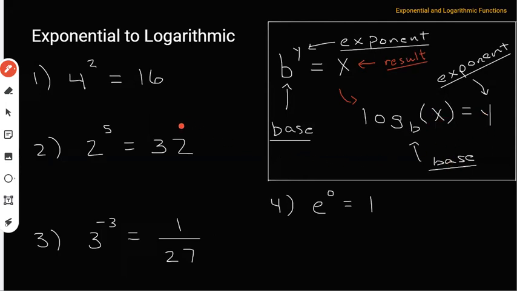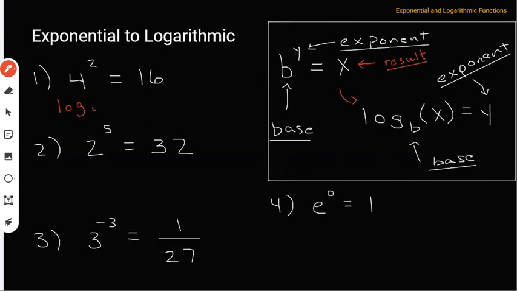So starting off with number 1, I notice that number 1 gives me 4 squared is equal to 16, or 4 to the power of 2 is equal to 16. We can make this into a logarithmic expression. So I start off with log, that's my logarithm. I know that my base is going to be 4, right?